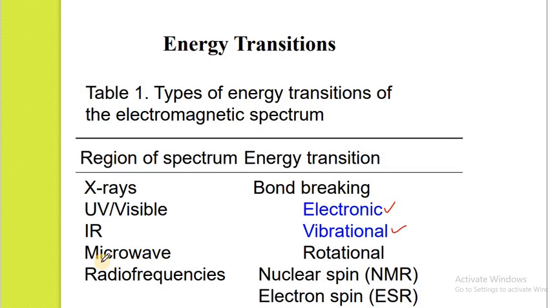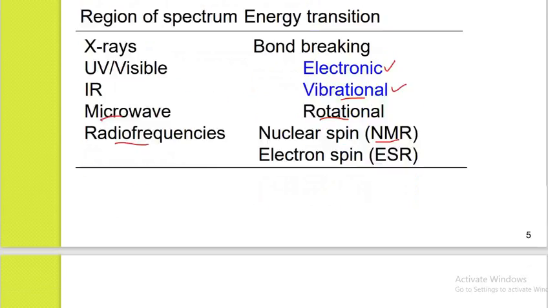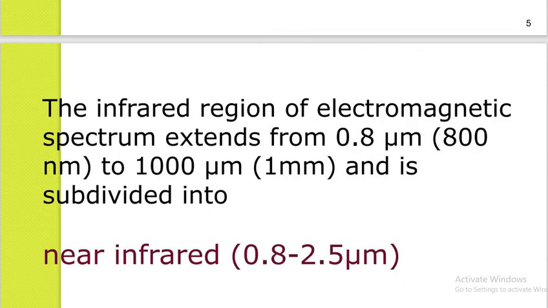And in the microwave, which we use in our microwaves, rotation of molecules takes place, and then radio frequencies, which we will be dealing with after this chapter, in which we will be doing NMR. So in this IR we will be doing vibrational frequencies of the molecules.